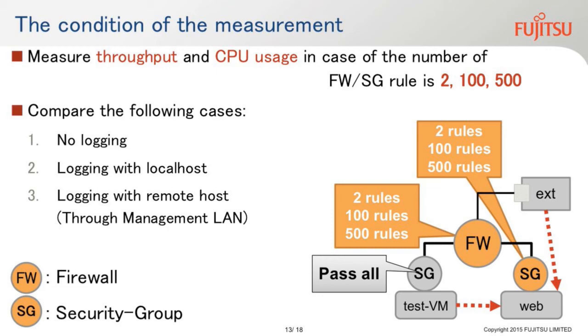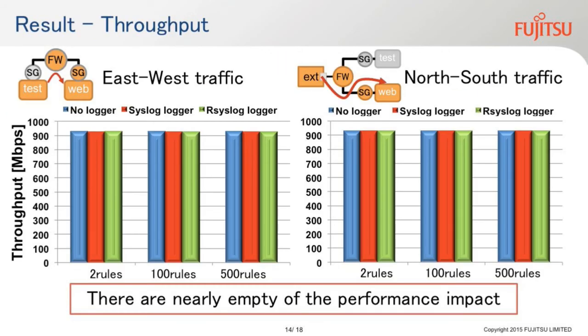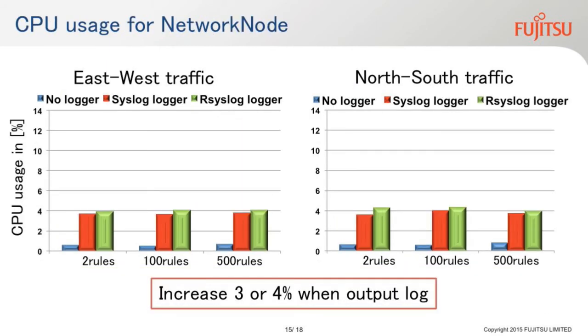After the experiment, we see that there is nearly no performance impact in terms of throughput. In terms of CPU usage on the network node, when the log filter is enabled, the CPU usage increases by only around 3 or 4%.